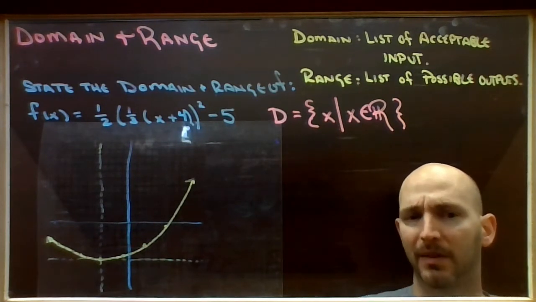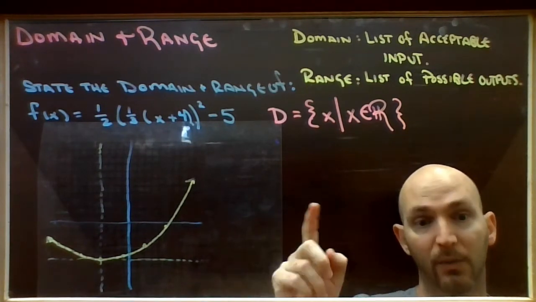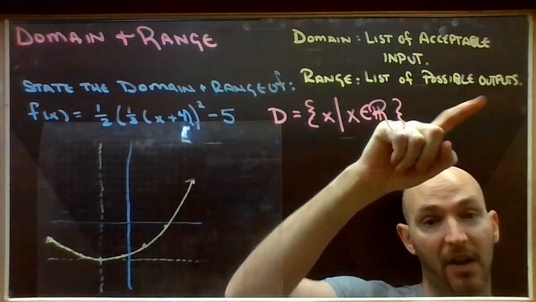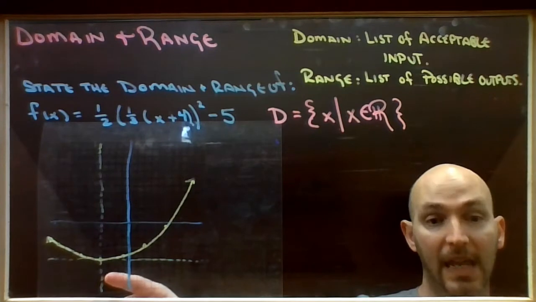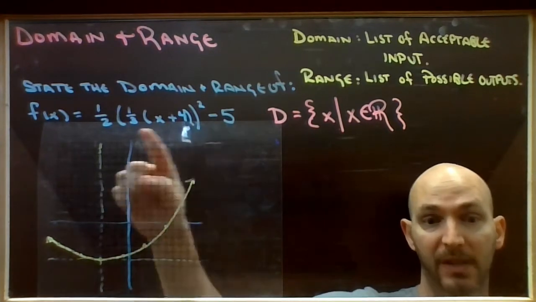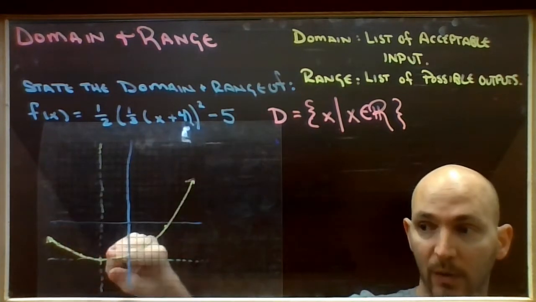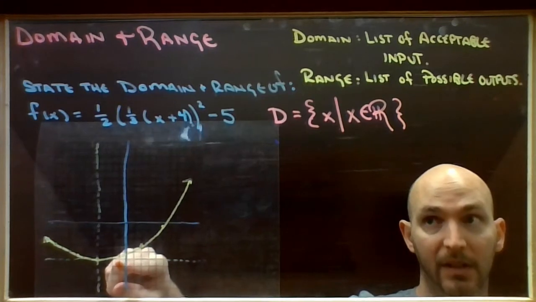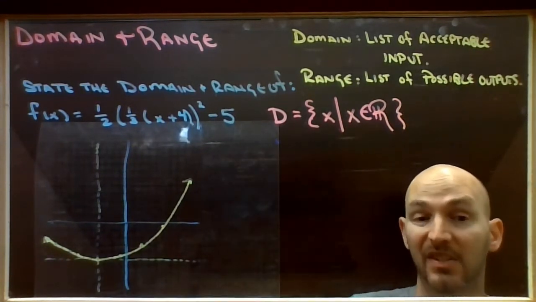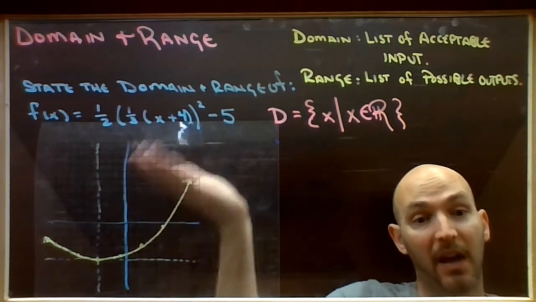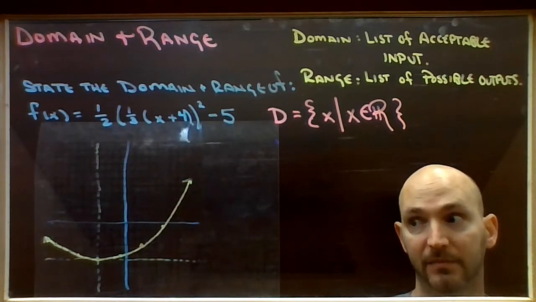That's a parabola thing. So when I go to write this range, the list of possible outputs, I can't get -8 as an answer from this function because the lowest it goes is -5. So when it asks what possible outputs there are, the answer is anything as long as it's above -5.